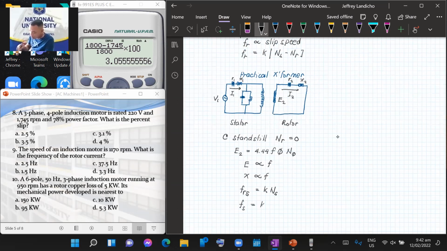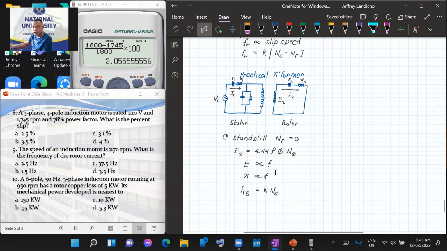So ito nga binanggit natin, at standstill, the operation of your induction motor, it is just simply equal kanino? Practical transformer or simply transformer. Since NR is 0, so the rotor frequency at standstill, it is now only Ks.